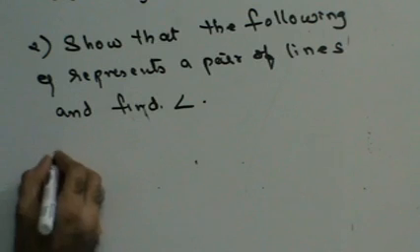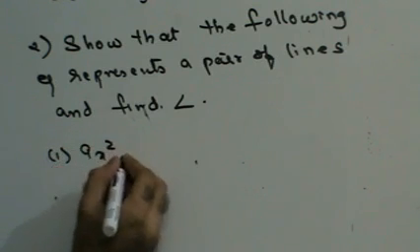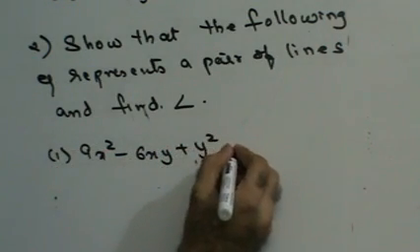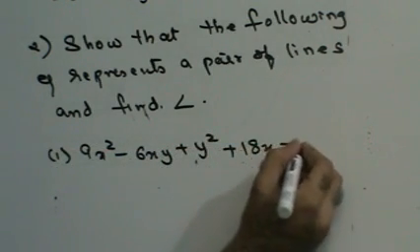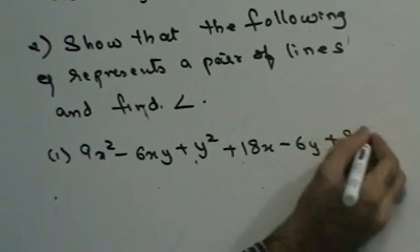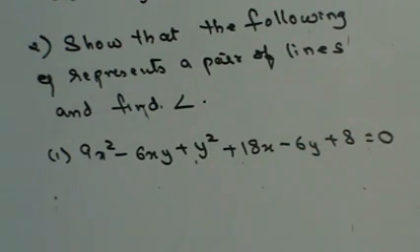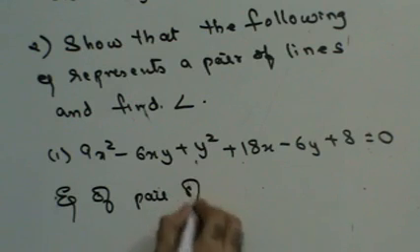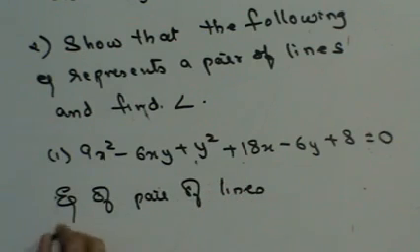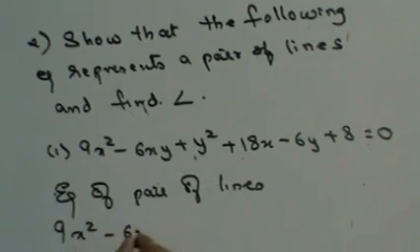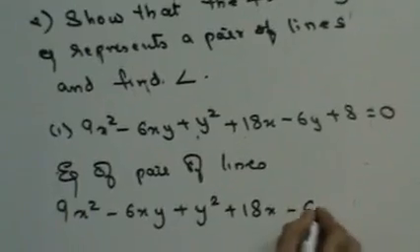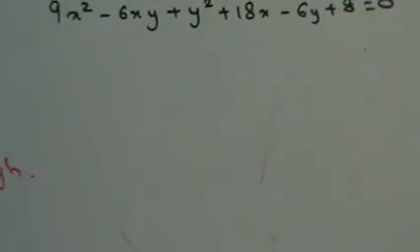Now, the first equation given to you is 9x square minus 6xy plus y square plus 18x minus 6y plus 8 is equal to 0. Equation of pair of lines is given to you as 9x square minus 6xy plus y square plus 18x minus 6y plus 8 is 0.